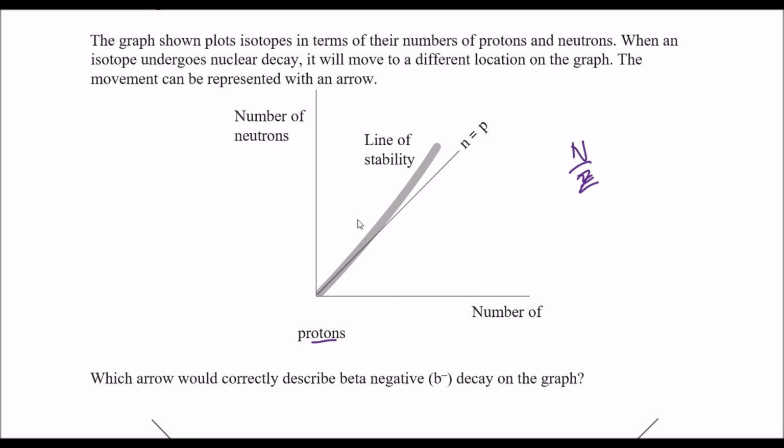Now say we have a really high ratio number, say over here, and a really low one over here. Low over here, high over here. Okay, so if it's really high and we want, say the line starts off around here, we want it to come down here. We want to increase our charge number. So if we want to increase our charge number, we would go through beta decay.